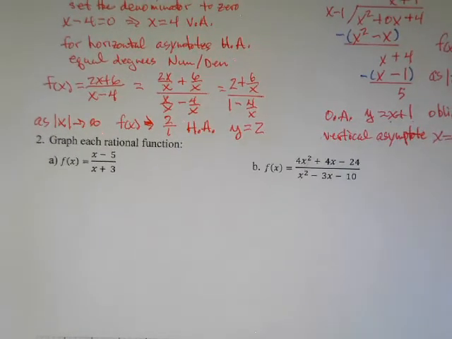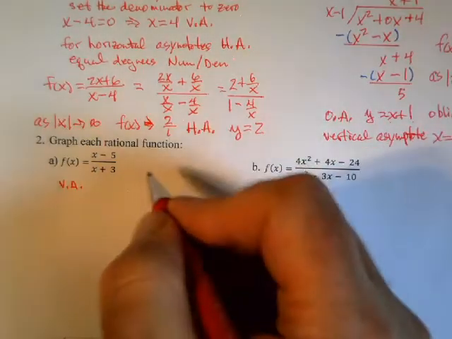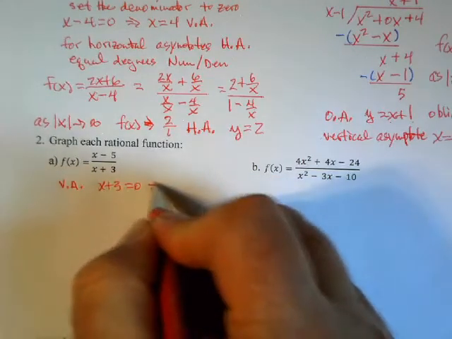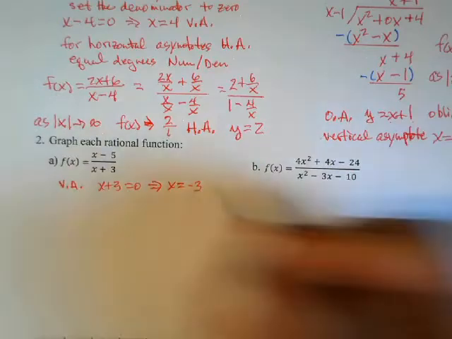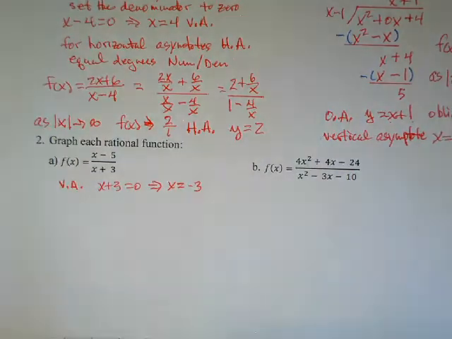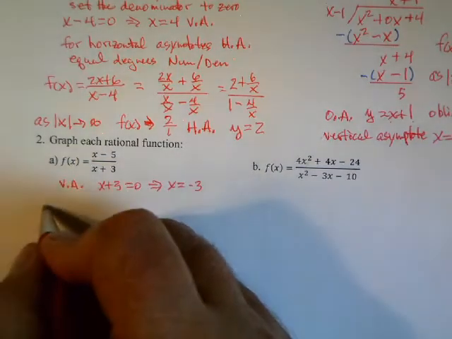So let's see. First off, vertical asymptote, x plus 3 equals 0. So x equals negative 3 will give me a vertical asymptote. Now, since the degrees are the same, we're going to work on the horizontal one.